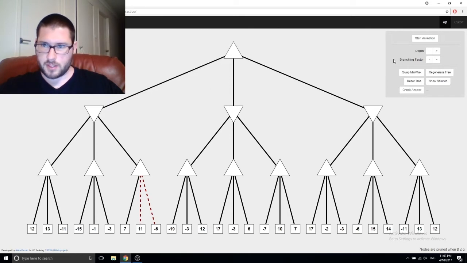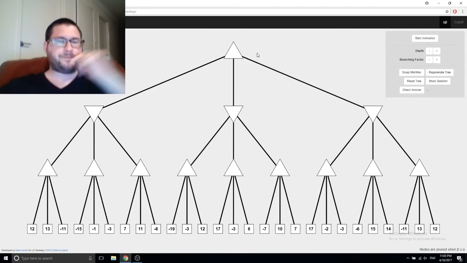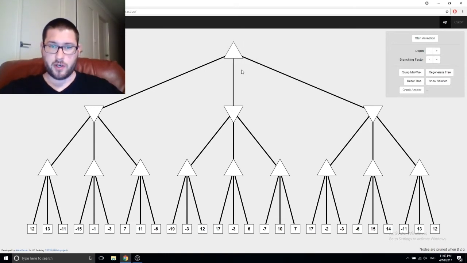Okay, so it doesn't look like there's a way for me to add the alpha and beta values for you to see, so I will just discuss them. Each node passes down its alpha and beta values to its children.